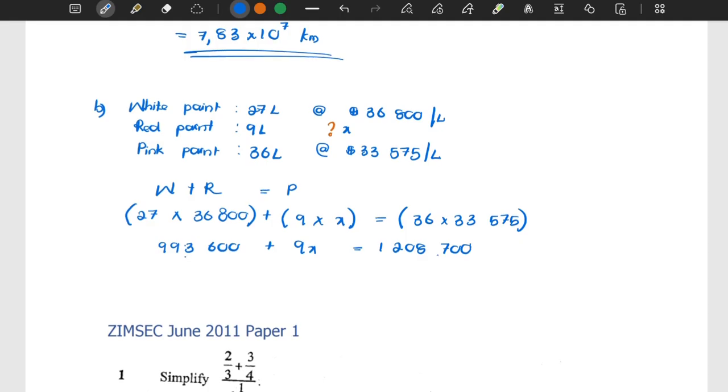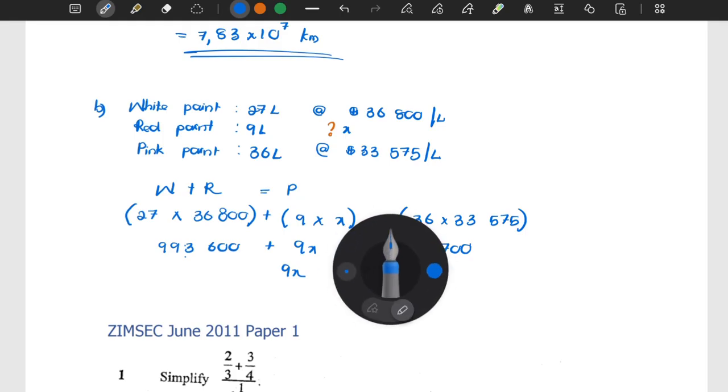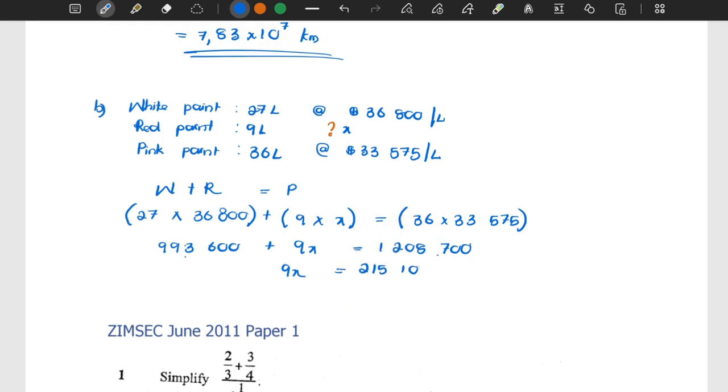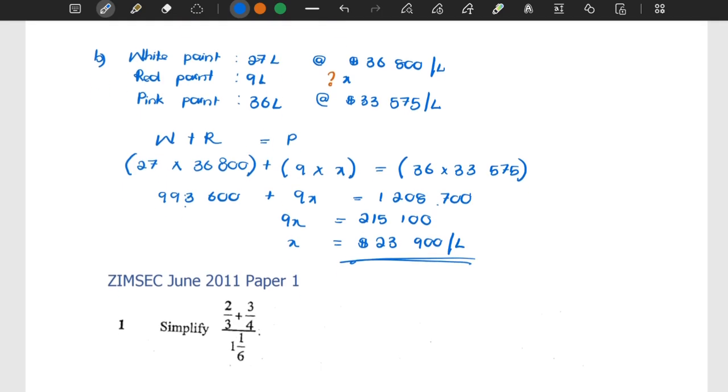This crosses the equal sign and subtracts, such that we are left with 9x is equal to 215,100. Divide both sides by 9, x is going to be equal to $23,900 per liter. That's the cost of the red paint.